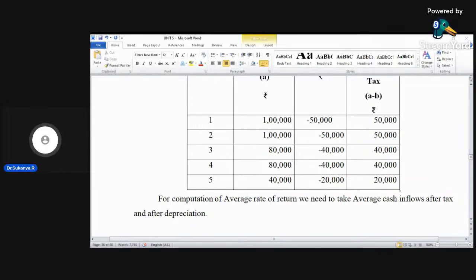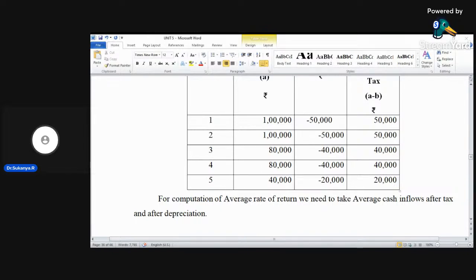But in this problem, dear students, they have given you after depreciation but before tax, which means to say that the tax component has to be reduced. So 50% of tax has to be reduced for each of the components.